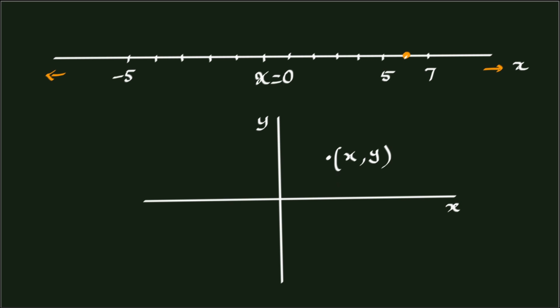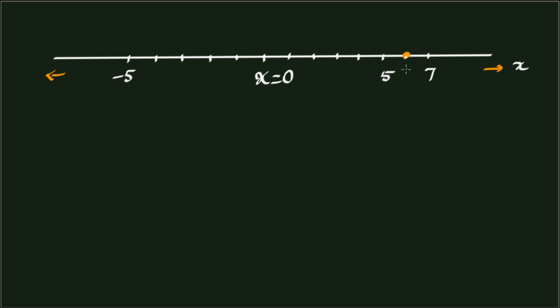Alright, let's get back to one dimension. Suppose that this particle is located at x initial equal to 6, and let's say at time t initial equal to 0 the particle is here.